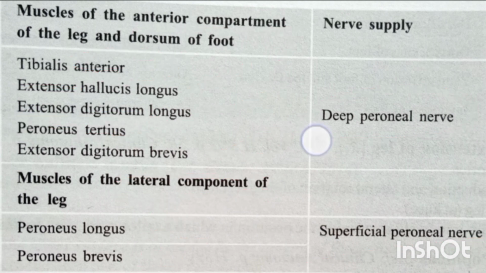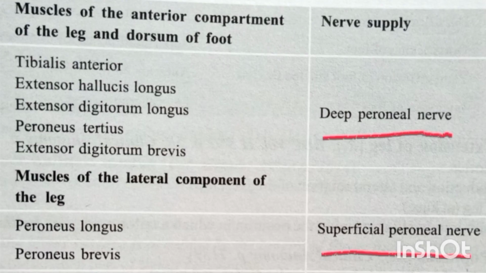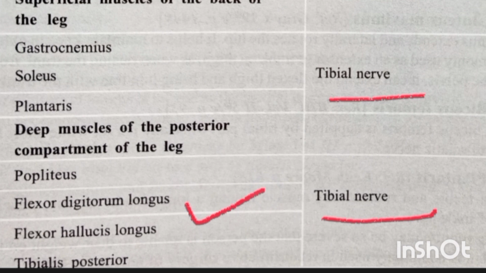Again, let us see this once again. Nerve of anterior compartment muscles is deep peroneal nerve. Lateral compartment is superficial peroneal, and for the back it is tibial nerve. Whether it is superficial or deep, it is tibial nerve only. Extensors belong to anterior compartment, flexors belong to posterior compartment.